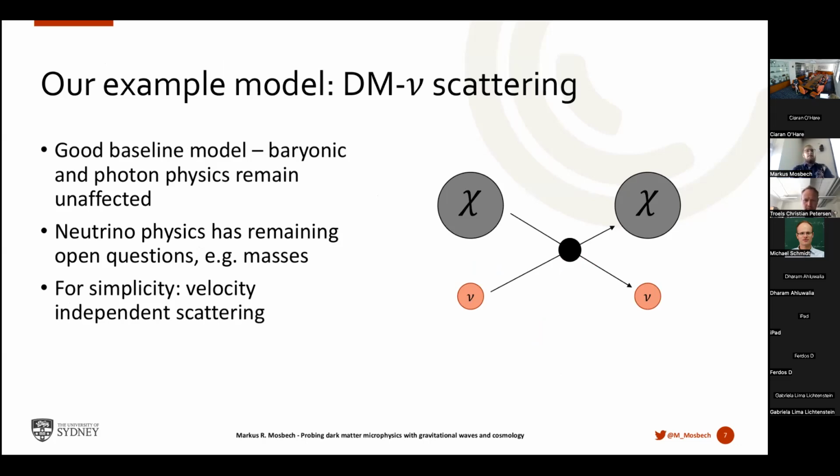And then, as a theoretical justification, there's a bunch of open questions about neutrinos. For instance, how do they get their mass? So there's definitely something going on there. Maybe not something we're going to discover, but something we can exploit. For simplicity, we're also just assuming a velocity-independent scattering cross-section, similar to Coulomb scattering.